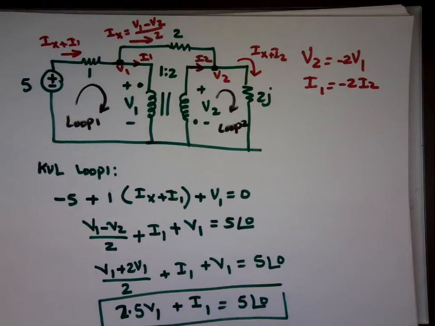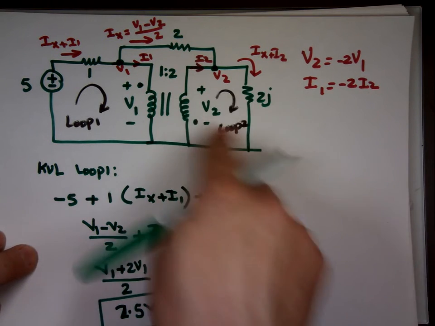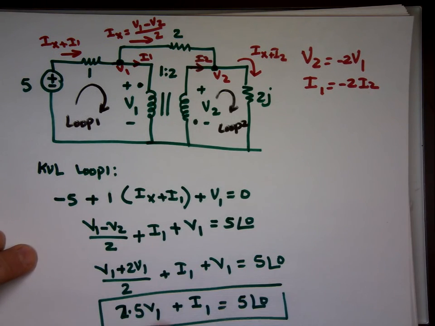It's 2.5, right? Correct. Now let's do a KVL right here. And hopefully I can come up with an equation that has V1 and I sub 1 in it, so I'll have two equations by two unknowns.